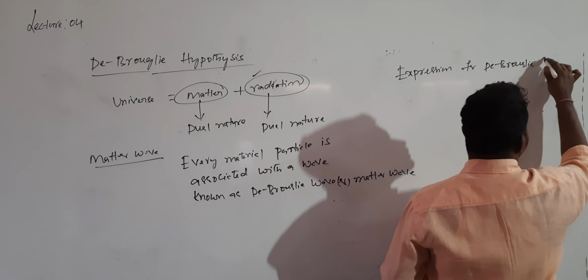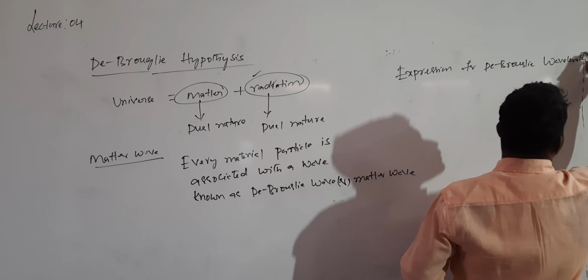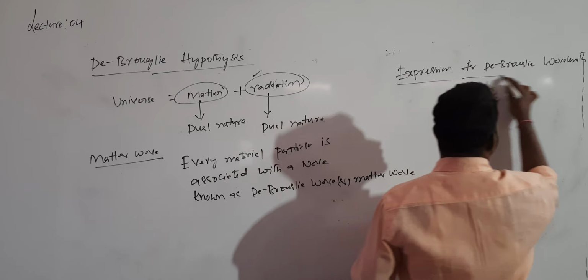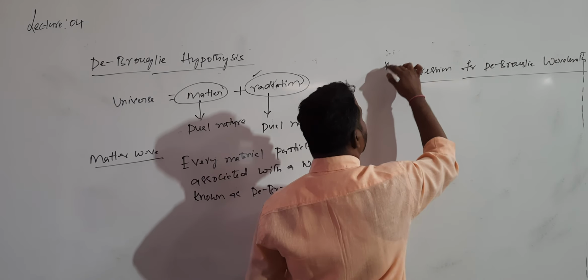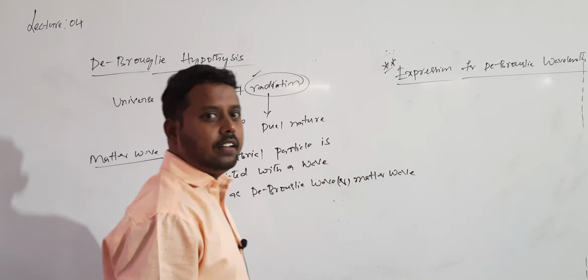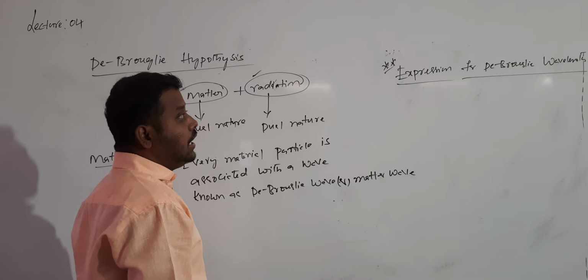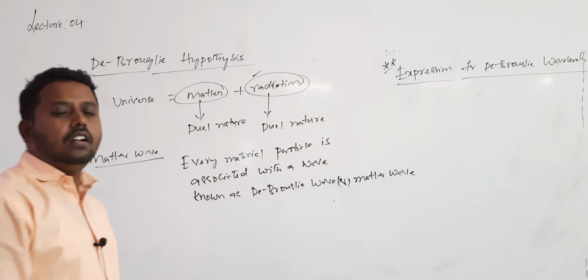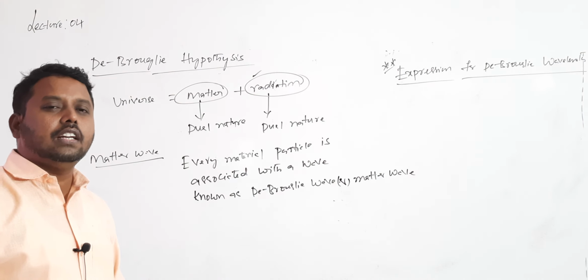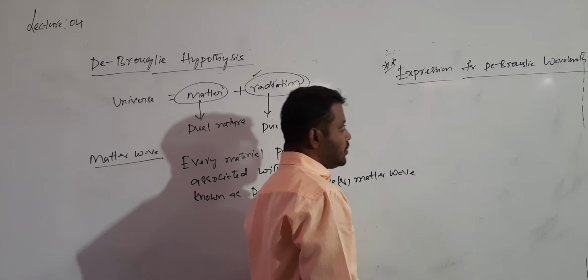According to de Broglie, every material particle is associated with a wave. Whatever the particle, it has one wave associated with it. The wavelength of that material particle is called what? The de Broglie wavelength.